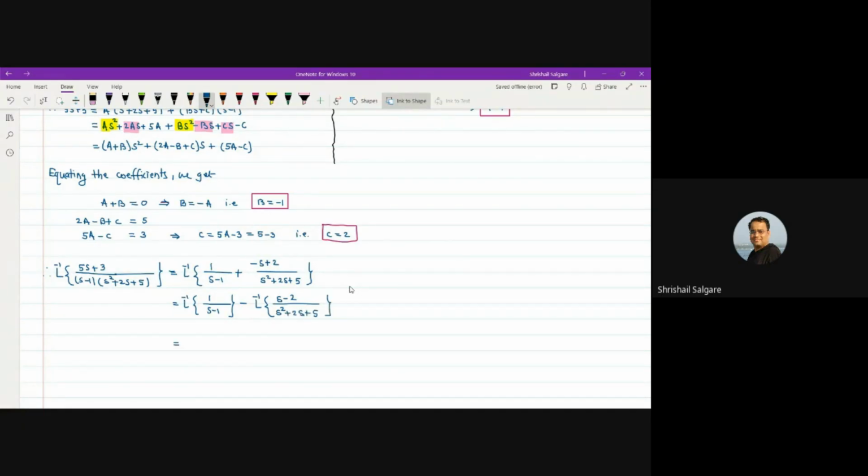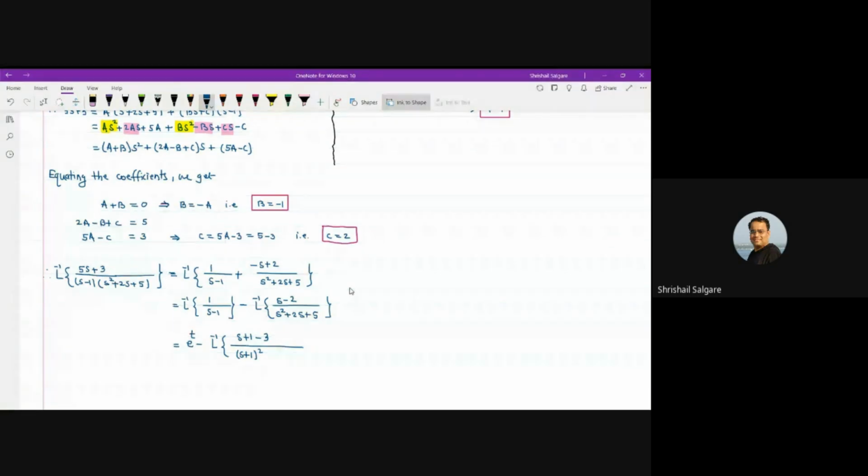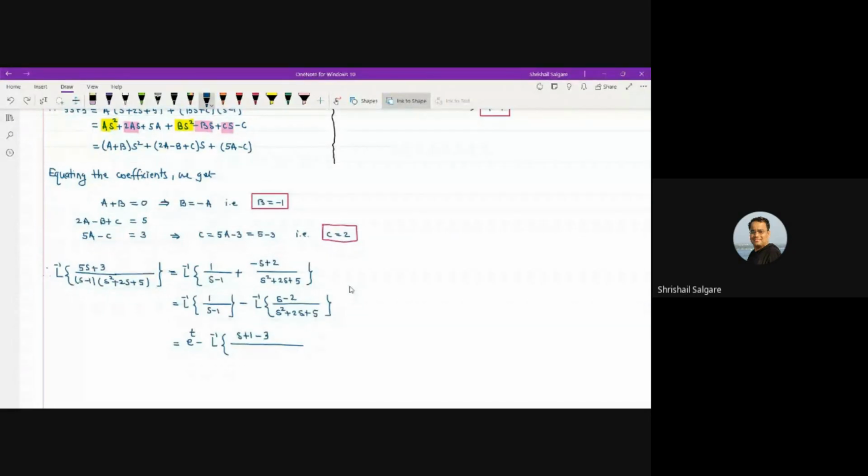Now here, this one is e to the power t minus L inverse of this. I will write s plus 1 minus 3. Is it okay? Now further, this is (s plus 1) bracket square. This one is s square plus 2s plus 1 plus 5 minus 1.